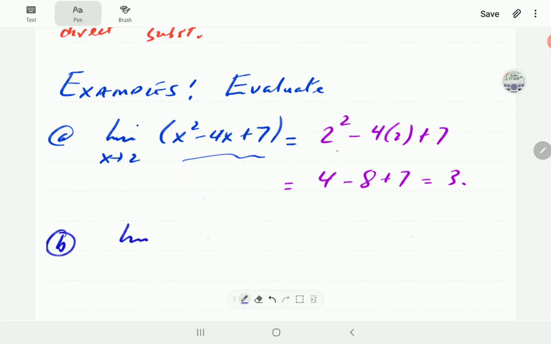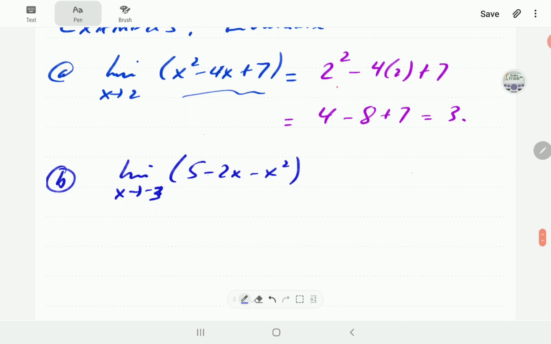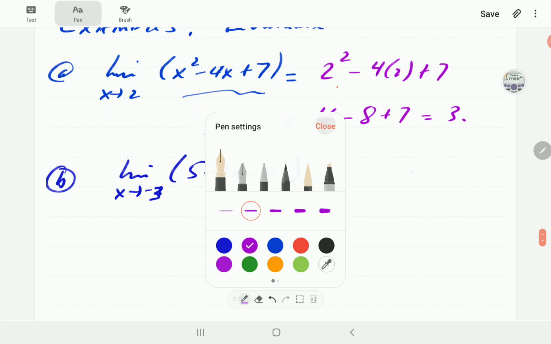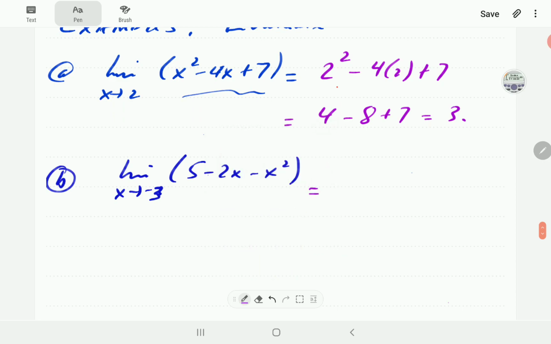Right, in B, suppose we're looking for the limit of 5 minus 2x minus x squared as x goes to -3. So this time we're going to plug in -3. So 5 minus 2 times -3 minus -3 squared.